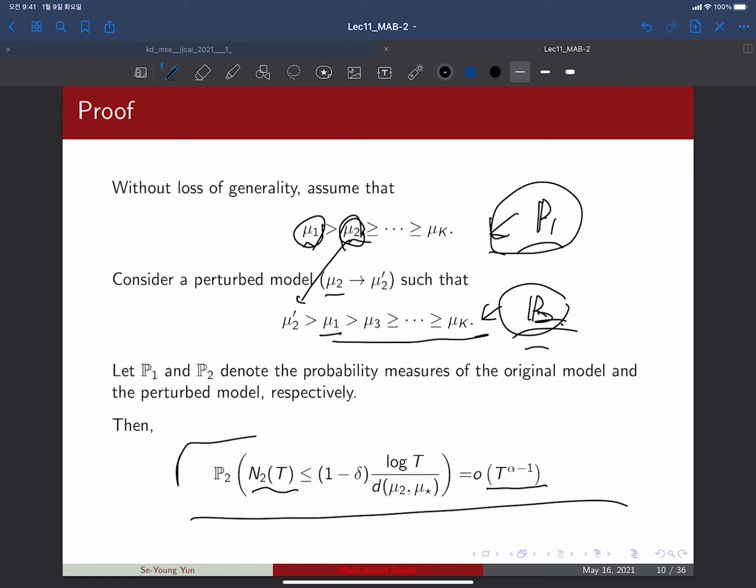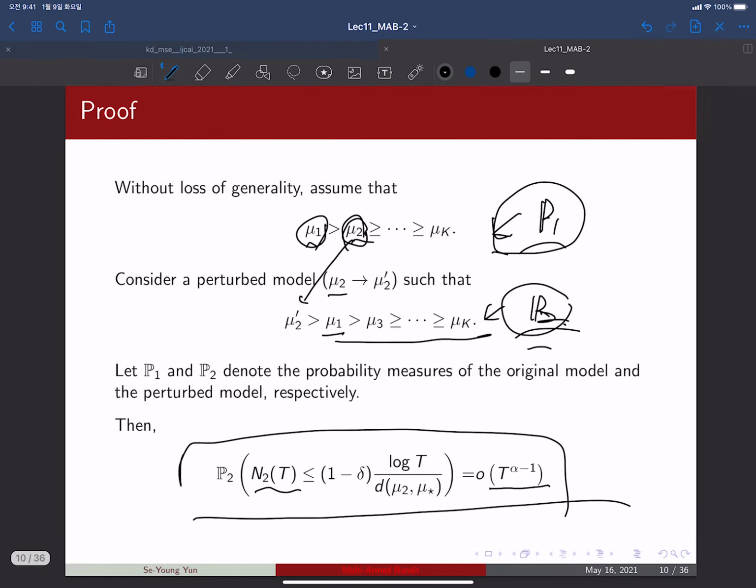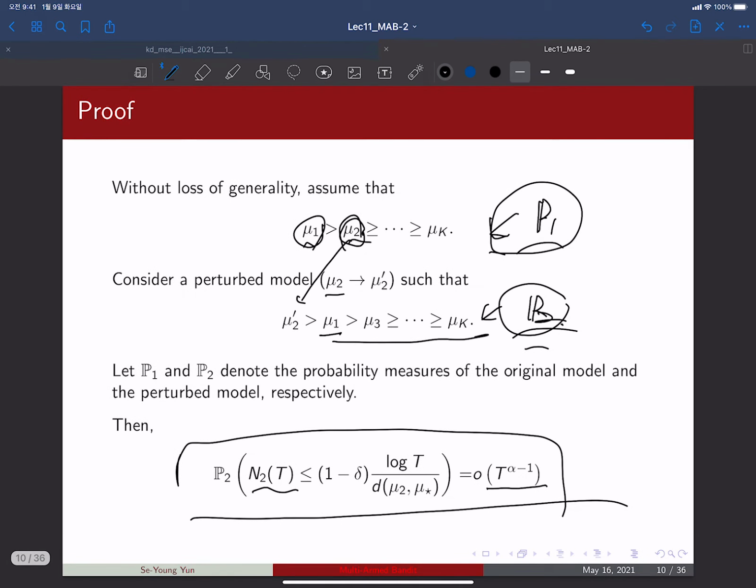We have this from the uniformly efficient algorithm assumption. Since regret has to be small o of T to the alpha for every possible, every feasible model, from the Markov inequality we should have this.